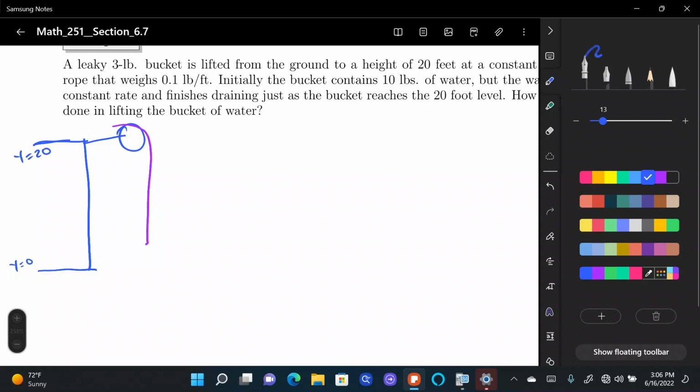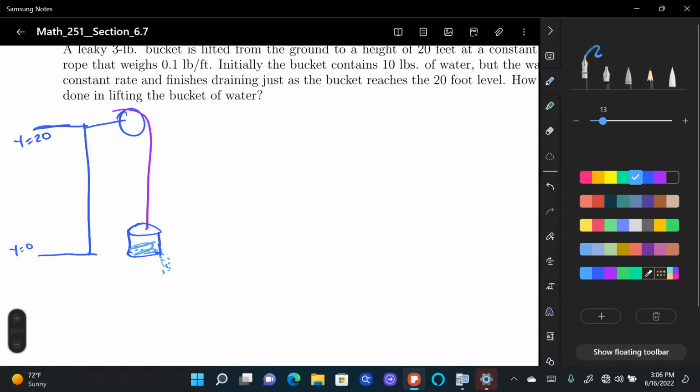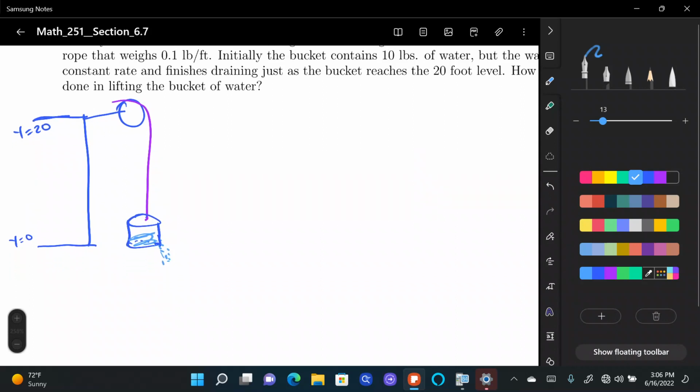And, well, the leaky bucket. All right, that's the leaky bucket. And, of course, let's show the direction. It's going up.